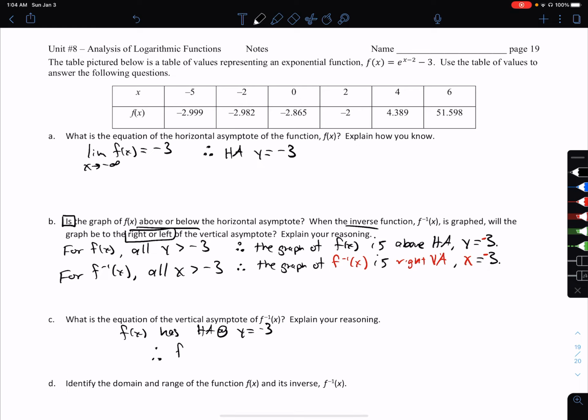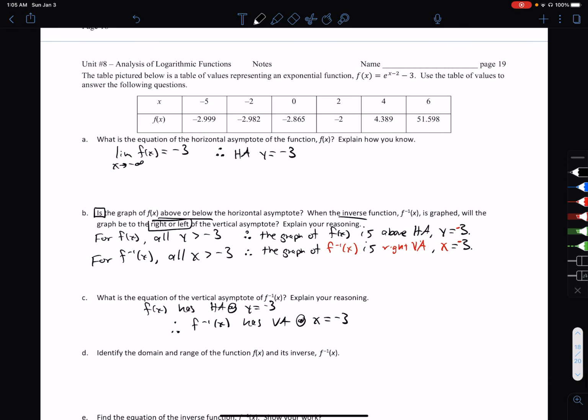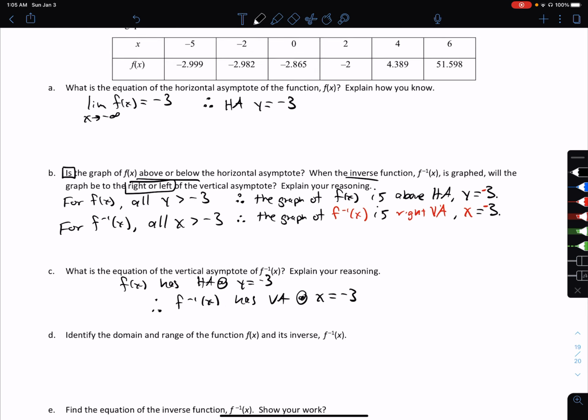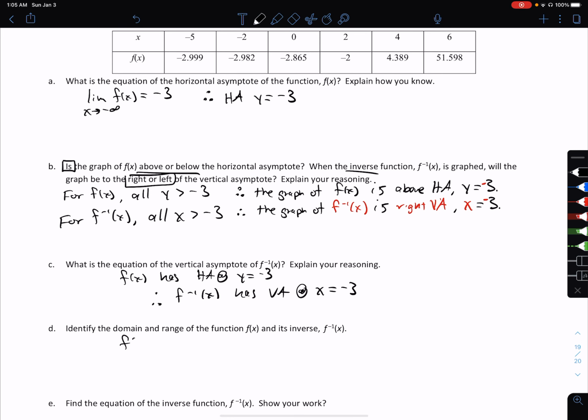Therefore, f inverse has a vertical asymptote at x equals -3. Identify the domain and range of f of x and f inverse. I'll do each of these. If I can find one, finding the other is going to be super easy.